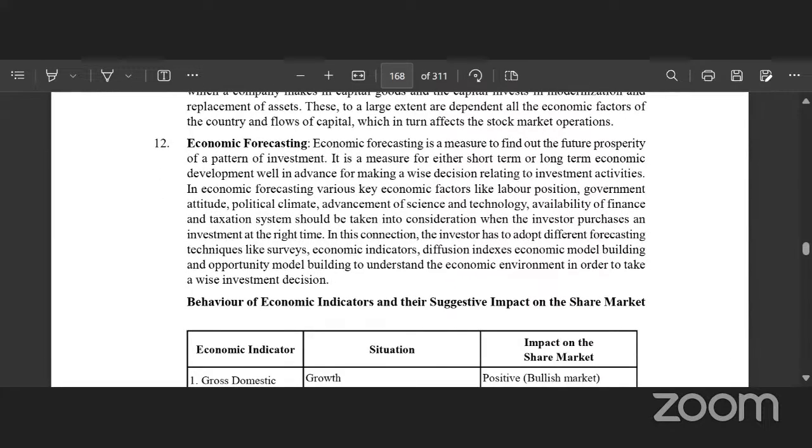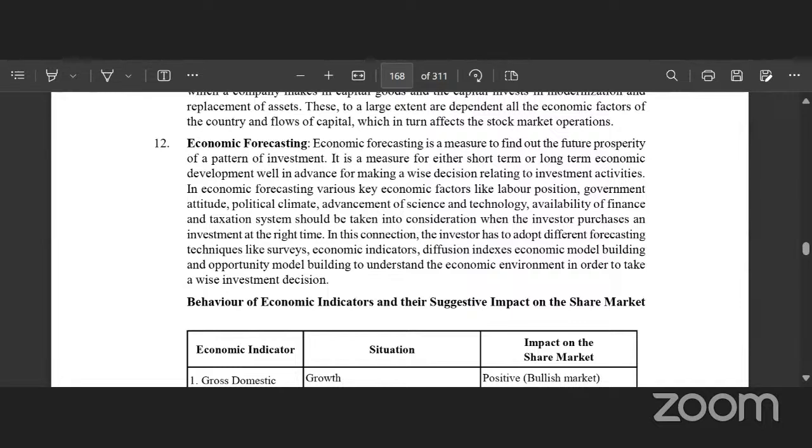Economic forecasting. When we use the word forecasting, it is to understand the economy for the future. We forecast the economic performance, and if the economic performance is good in the next 3, 4 years, then the markets will react. Markets are always the leading indicators.